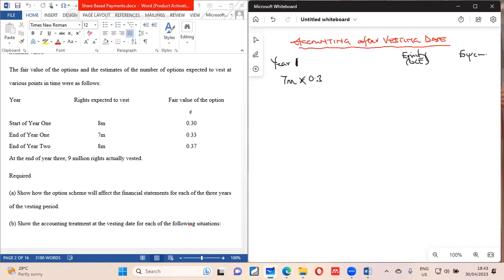Now, the fair value, if you remember when we started, we said that within the vesting period, the fair value is spread over to the vesting date. And that is why we always do, for example, if it is 3 years, 1/3. Please, you have the figures, so you can just give me the figures. Let's slot it in. All right.